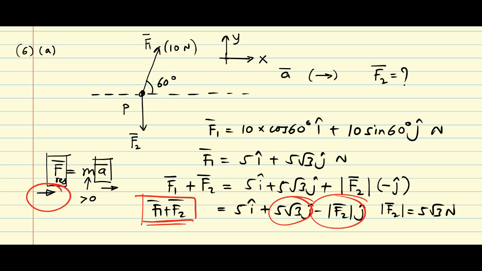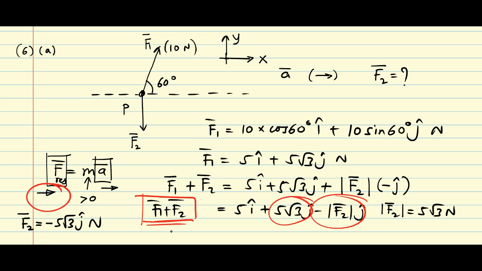And that's exactly what we wanted to find. We wanted to find F2 bar. In fact, we have found its magnitude, and we already know that it's in the downward direction, so F2 bar is minus 5 root 3 j cap newtons. That's the answer of the first part of sub question A.